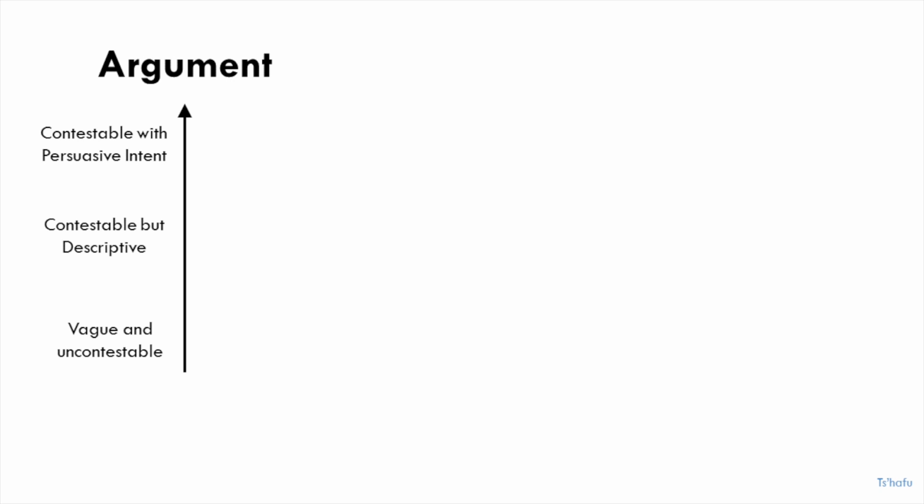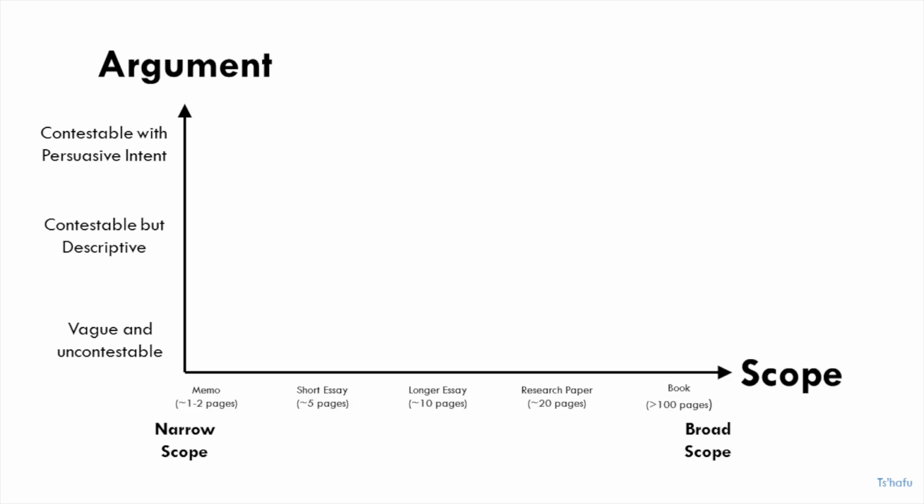Now that we have the argument dimension, what we can do is combine it with the scope dimension. With those two dimensions, we can place the thesis. If we were to think of the thesis as this blue circle, we can place the thesis within this two-dimensional space. The first thing that we want to make sure is that for any thesis that you write, you want that thesis to land above that red line.